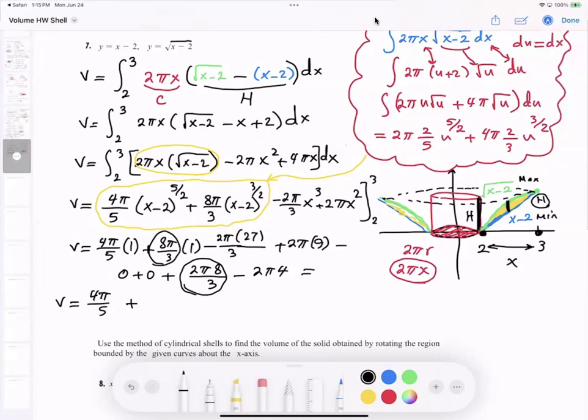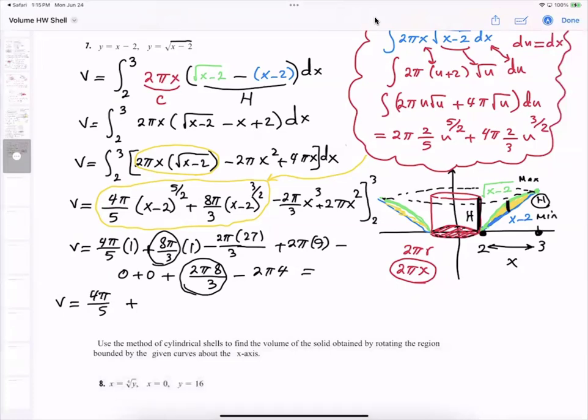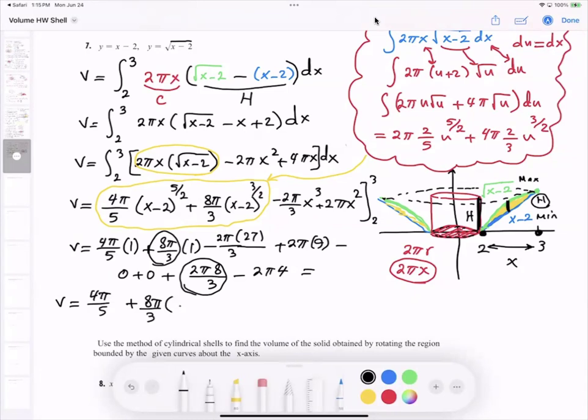So if I factor out 8 pi divided by 3, I get 1 plus 2, or 3 pi over 3. These two get canceled out.